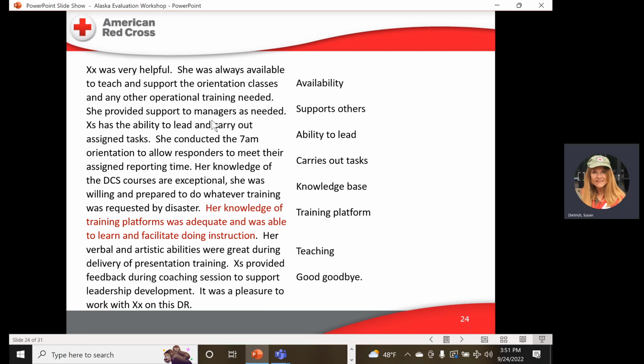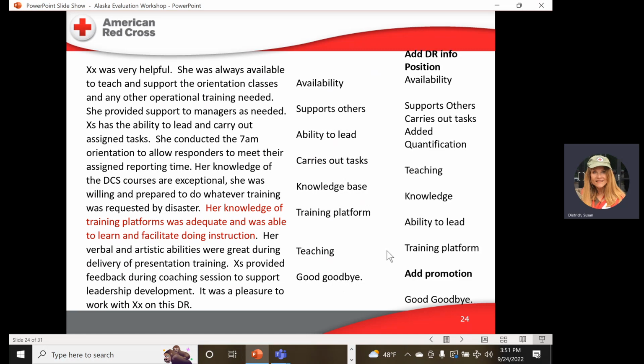Puts in there that the person Cindy has an ability to lead, carries out tasks, has a good knowledge base, and then sandwiches in that she needs a little training on the platform. She does a great job teaching, and then the good goodbye.